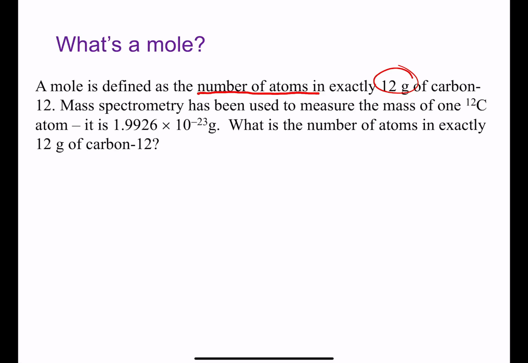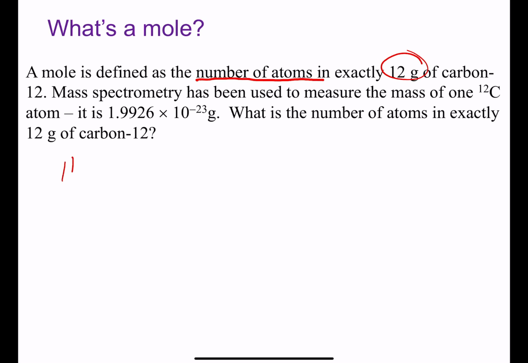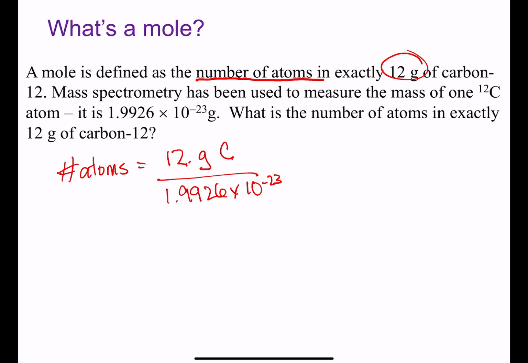So let's think about how we could solve that. Number of atoms, if we have exactly 12 grams of carbon, and we know that one atom of carbon-12 weighs 1.9926 times 10 to the negative 23rd grams in one atom.